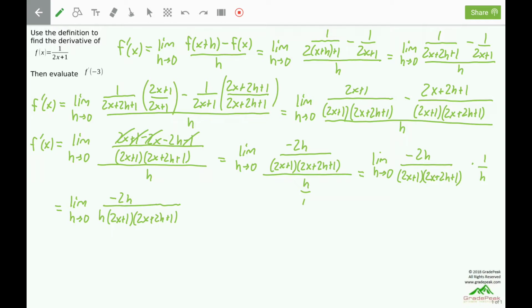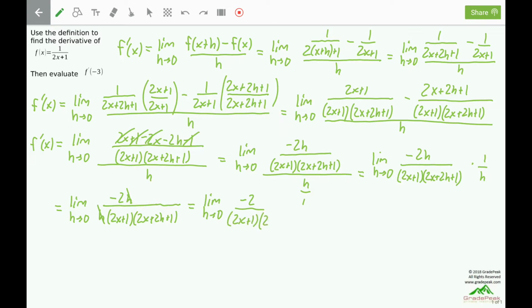We still have 0 over 0, and we will continue to have that until we can get an h in the numerator to factor with an h in the denominator. Well, since that h in the numerator is multiplying a negative 2, it can just cancel with the h in the denominator. If we have more than one term in the numerator, we have to factor it, but we only had one term as negative 2h, and it can just cancel as is.